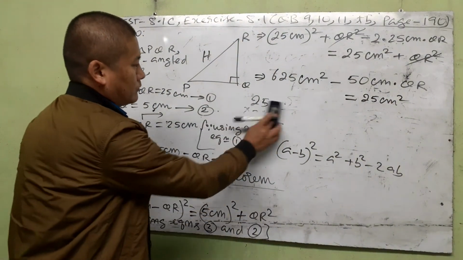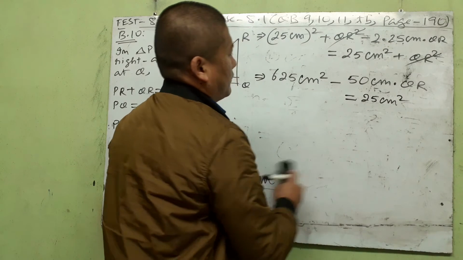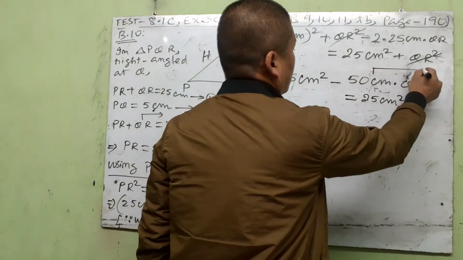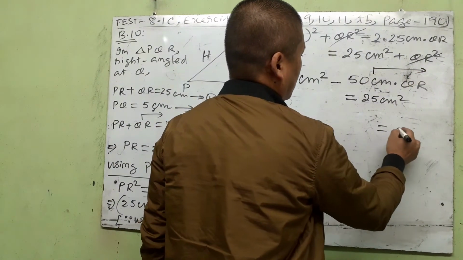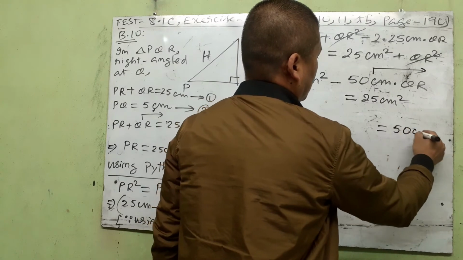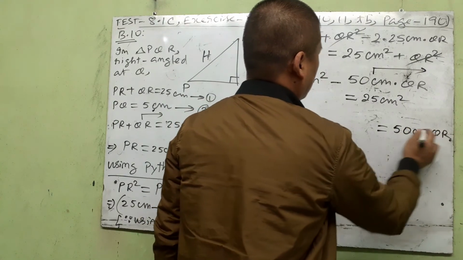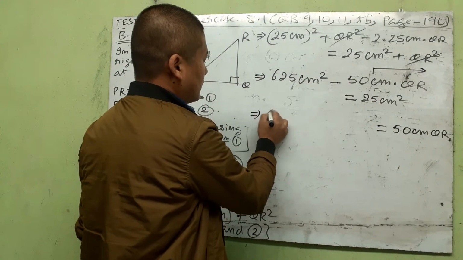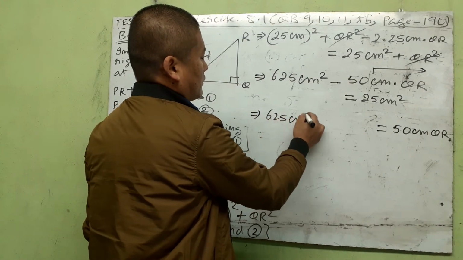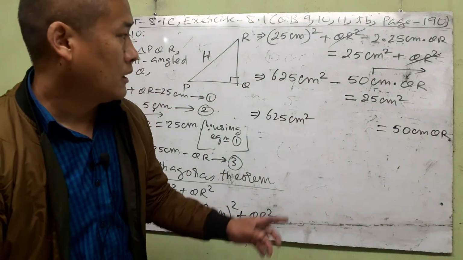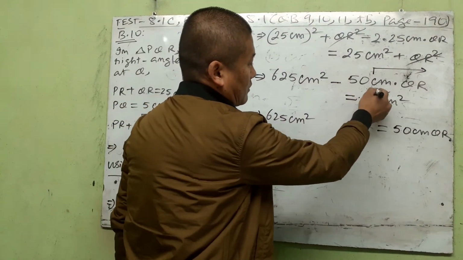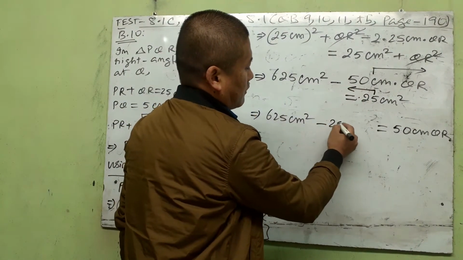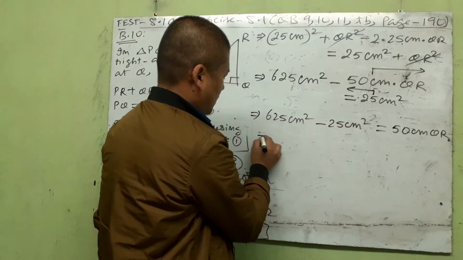Now here, if you want, let us shift this minus 50 centimeter QR to the right side, then it becomes plus 50 centimeter QR. Then this one don't shift, 625 centimeter square still on the left side. And if you shift this, no sign means plus, to the left side, it will become minus 25 centimeter square.